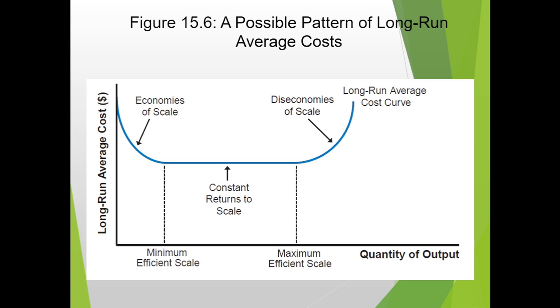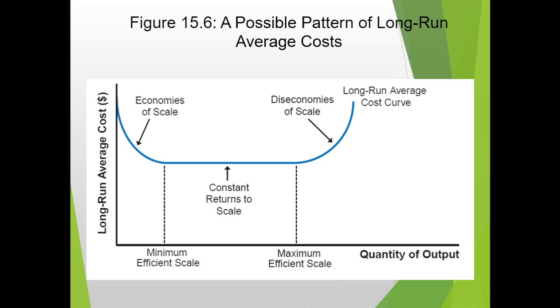Now, when we talk about long run, one of the things is that when we talk about production, we can talk about two time frames, one being the short term, second one being the long term.